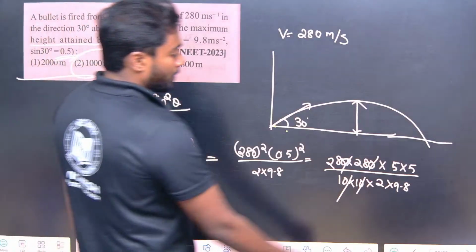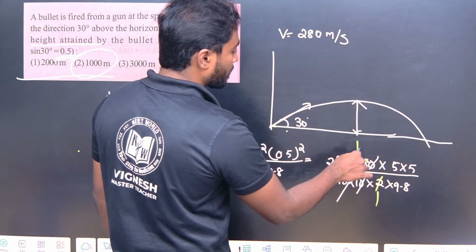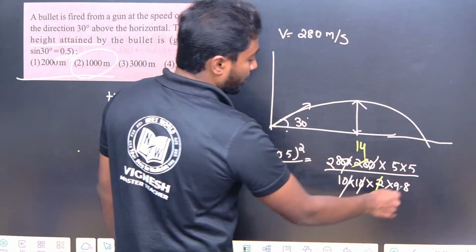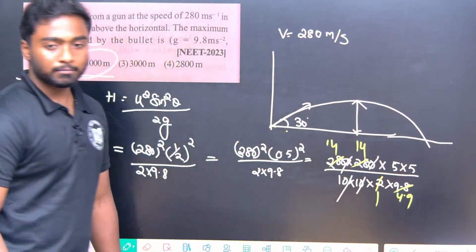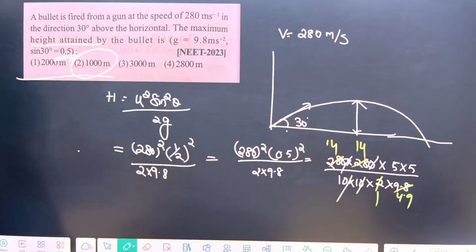See, this is 14 and this is 4.9 and this is again 14. Now you calculate it. 14 how much? 196. 196 into 25.